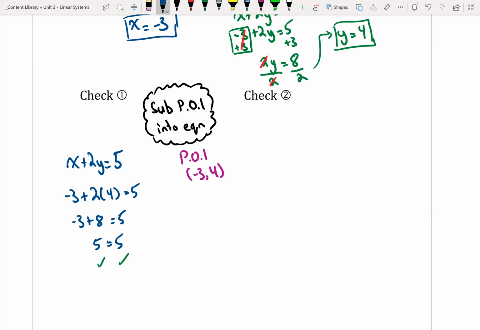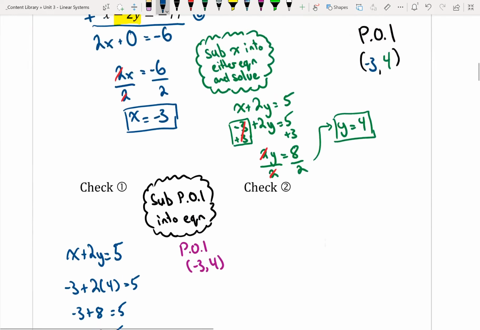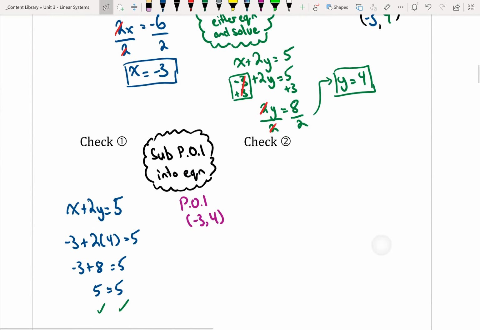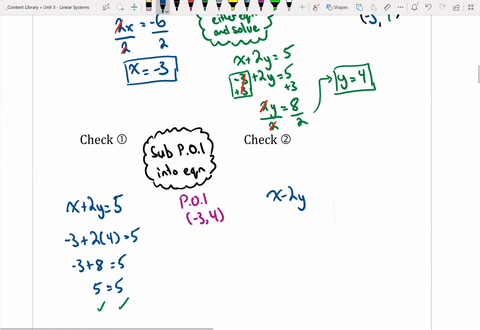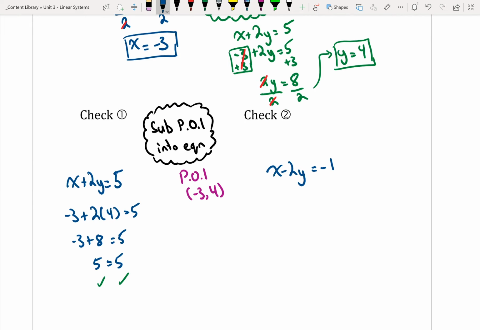Let's double check to make sure it works for equation 2. So equation 2 was x minus 2y equals negative 11. And I'm still going to do this exact same thing. I'm going to plug my point in. So negative 3 for x minus 2 times 4 equals negative 11.